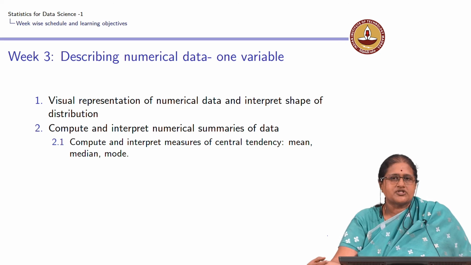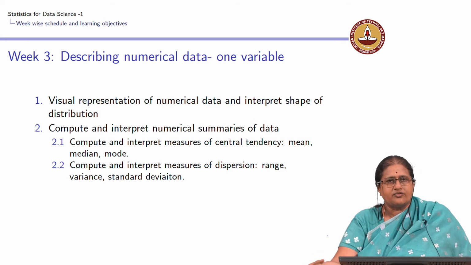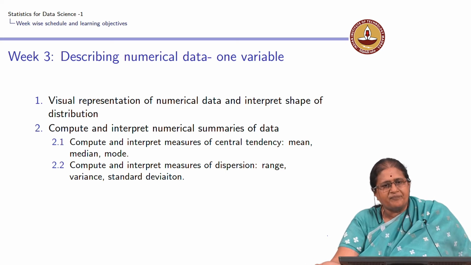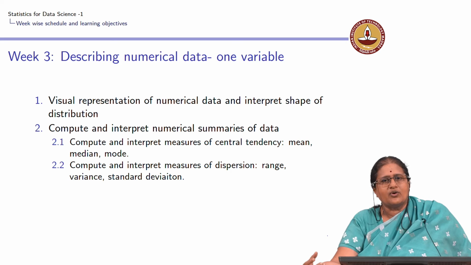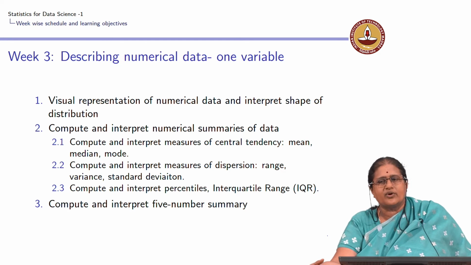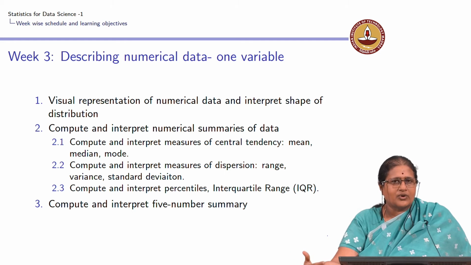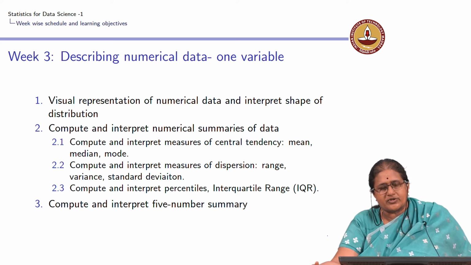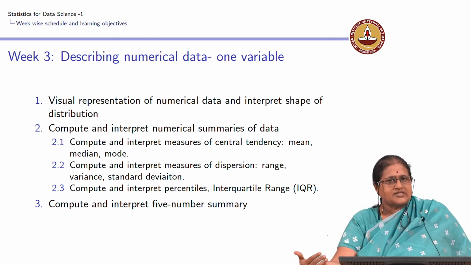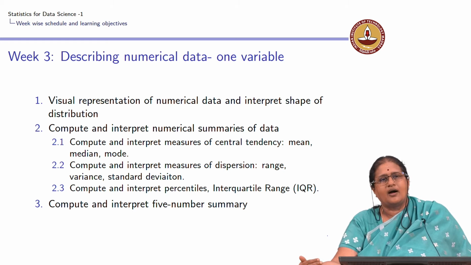Broadly, measures of central tendency and variation. We are going to focus on the main measures of central tendency and variation, and we will also relate this to certain graphical things. Mainly we are going to relate it to how you construct histograms and box plots.